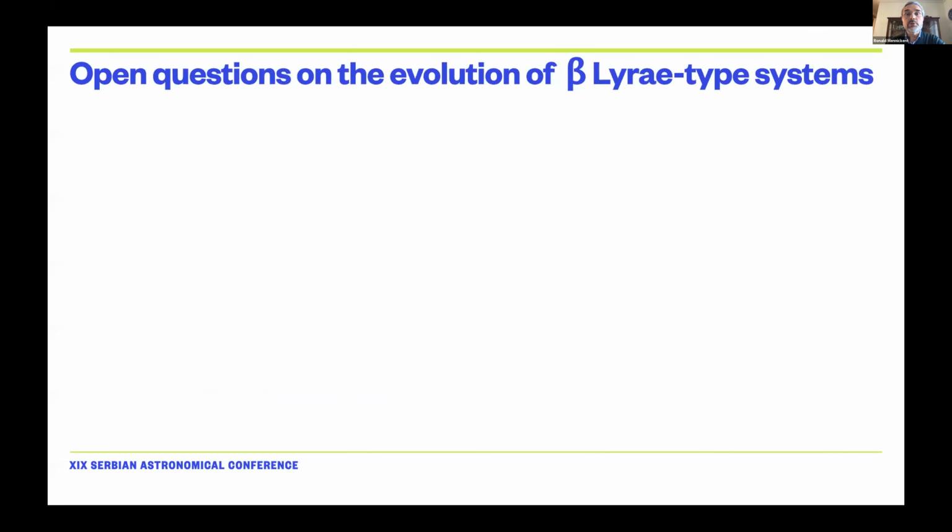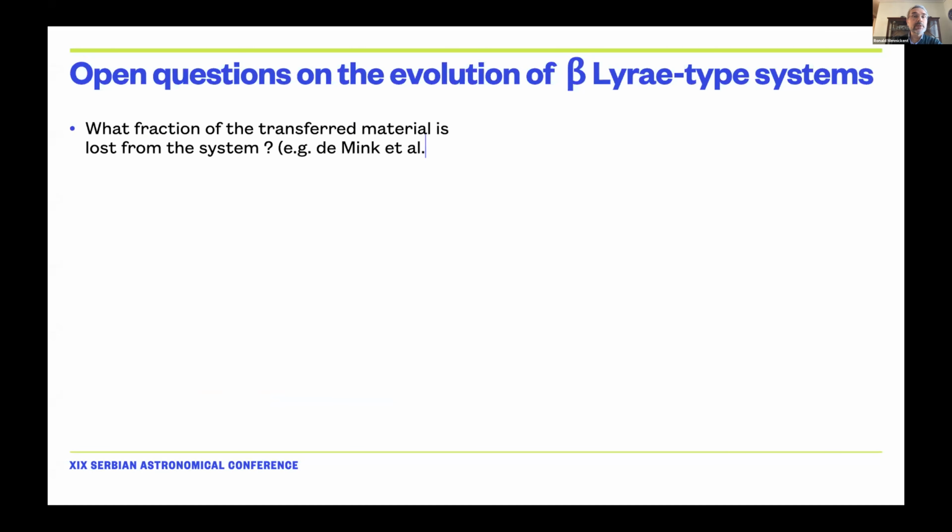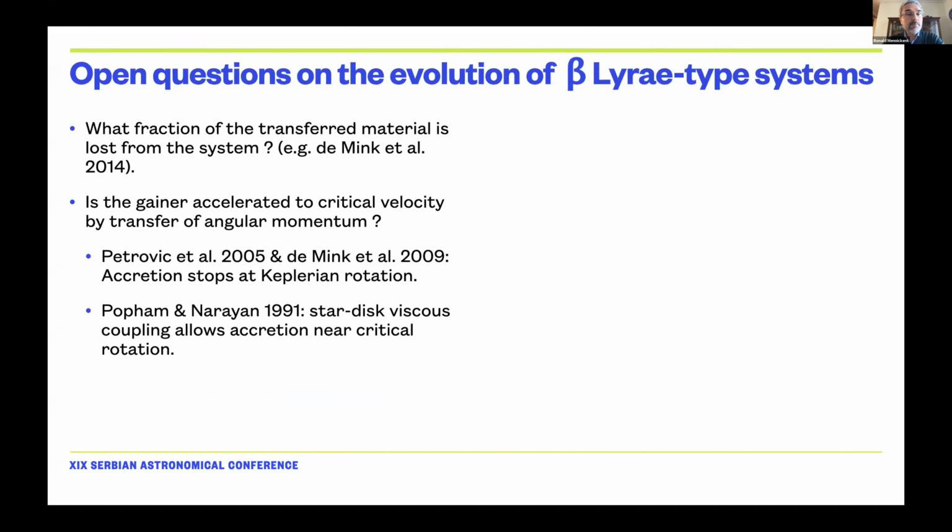Some of the questions on the evolution of beta Lyrae type systems are the following. What fraction of the transferred material is lost from the system? We know that part of the material is being transferred between one component and the other one. But is all this material accreted by the gainer, or is part of it lost from the binary?